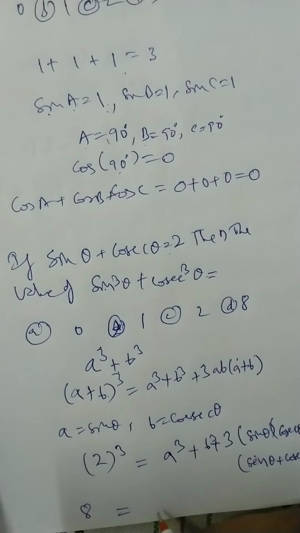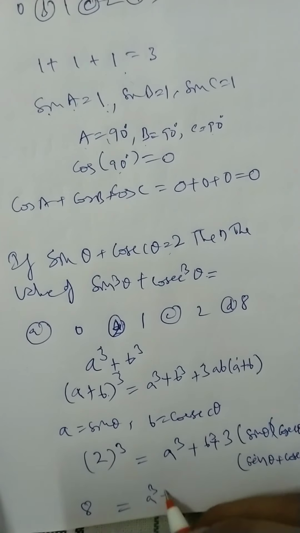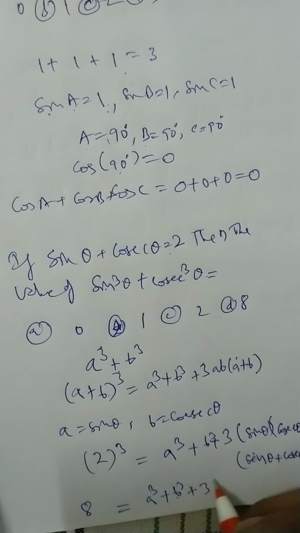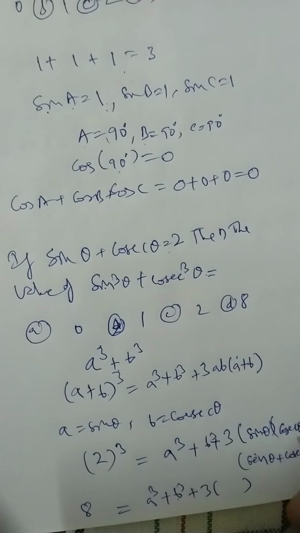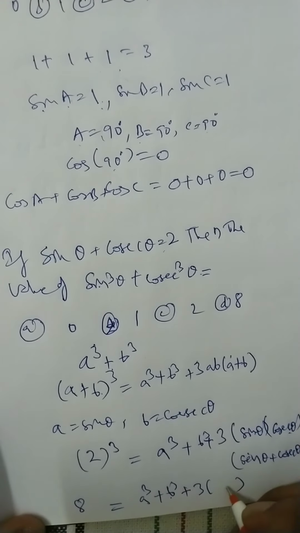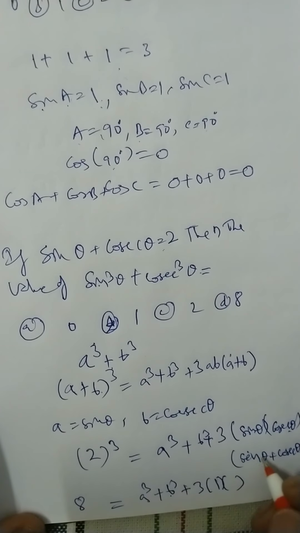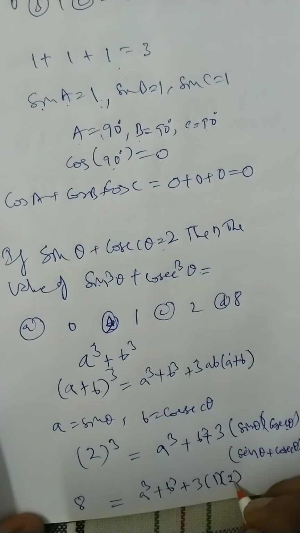So left side is 8. Here a cube plus b cube, where a is sin cube theta, b is cosecant cube theta, then 3 into, we all know that sin theta and cosecant are reciprocal to each other. The product is equal to 1 and sin theta plus cosecant here is 2.